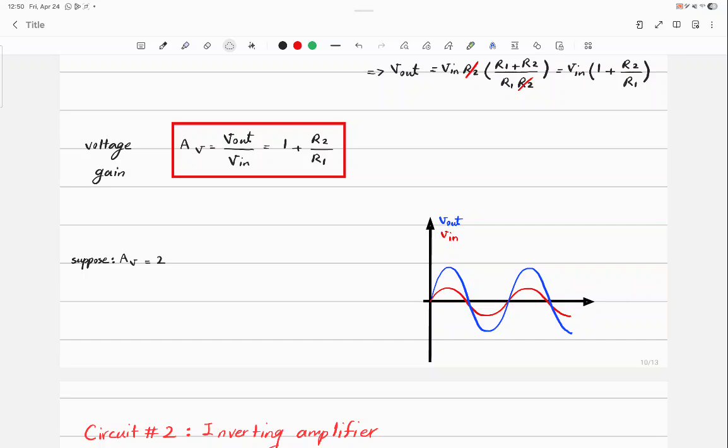When input is 0, the output is also 0. When the input is at the positive peak, the blue is also going to the positive peak. When it goes to the negative peak, it goes to the negative peak. If you're familiar with this function, that's a sine function, right? So the output is also a sine function, but the amplitude is doubled. That is called amplification, that is called gain.